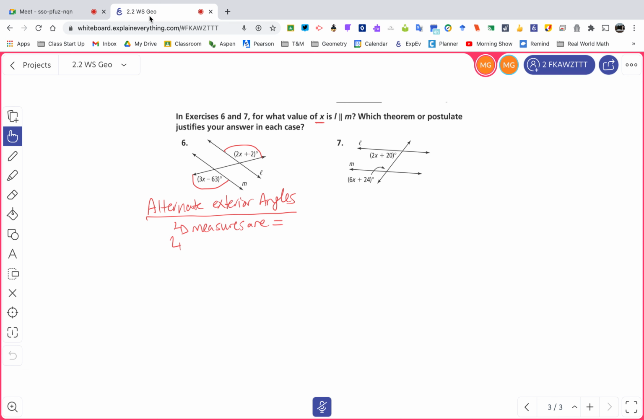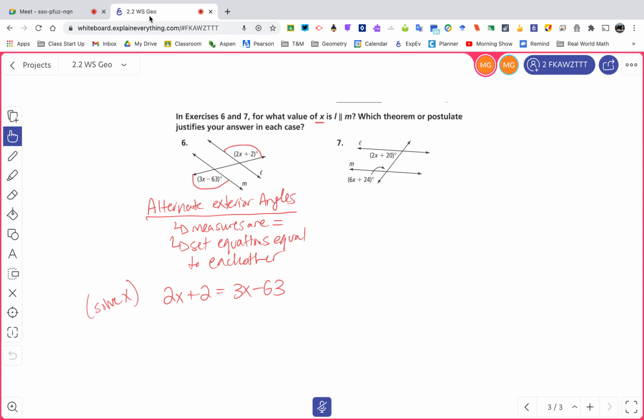So, we can set equations equal to each other. Right? And then, I'm not going to finish it off for you, but I'm going to say 2x plus 2 equals 3x minus 63 and solve for x.